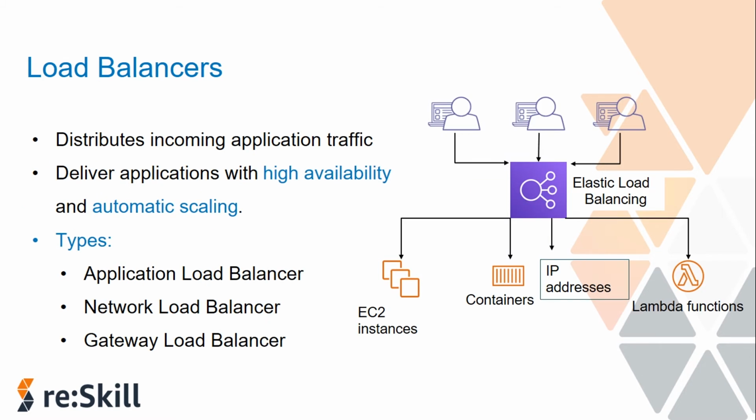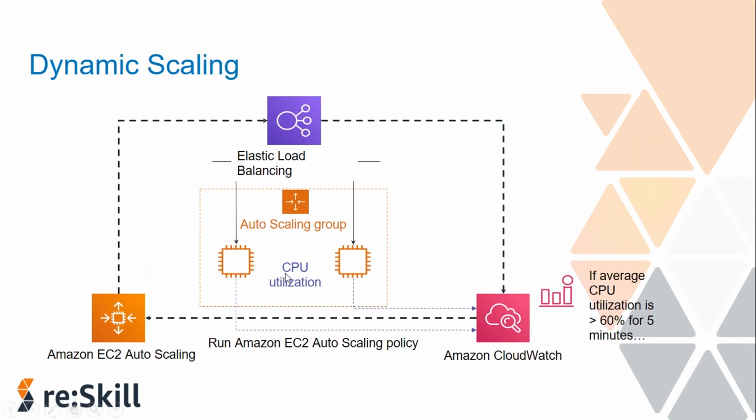So it was a quick overview of all of these components. Now we will discuss our architecture, which involves all of these resources, and then we will create the same architecture on AWS and see how it works.